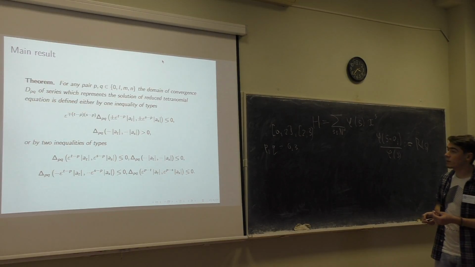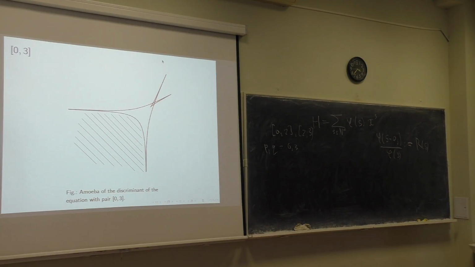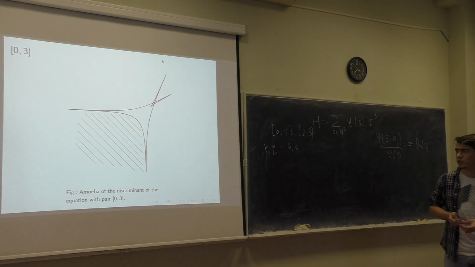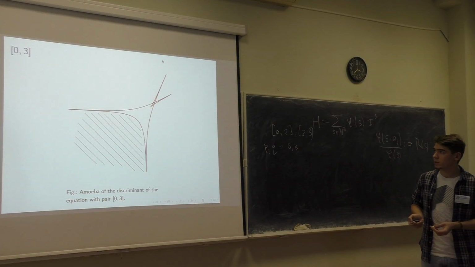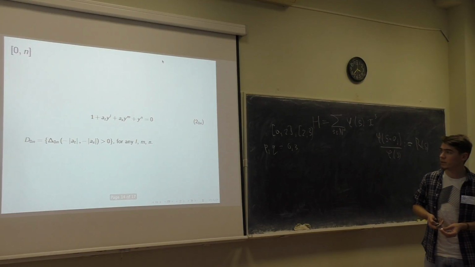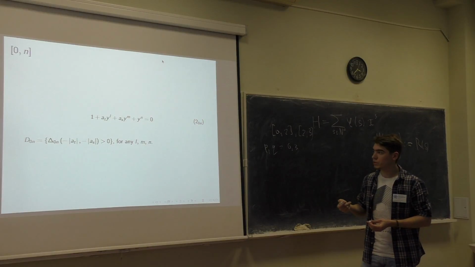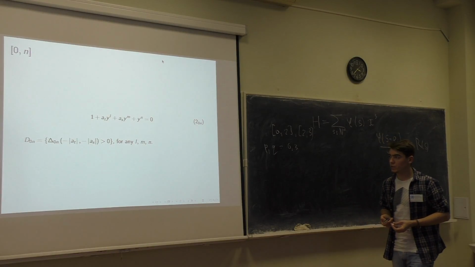And now we have a couple of examples. Here is the amoeba of the discriminant for the equation with pair 0, 3, which I showed before, and the domain of convergence, which is defined by one inequality, or depends on the discriminant.